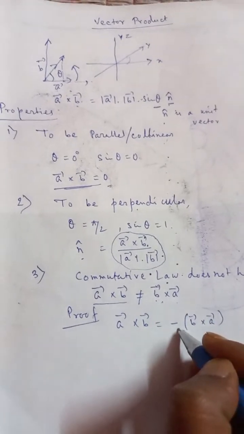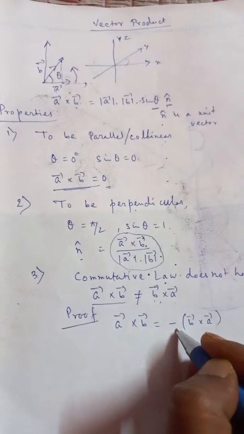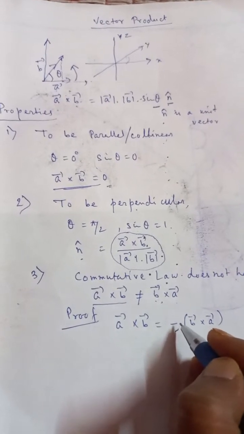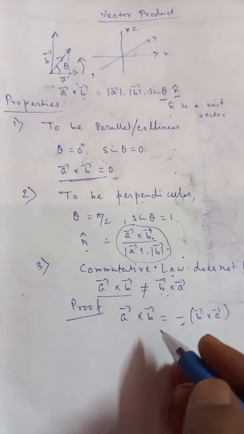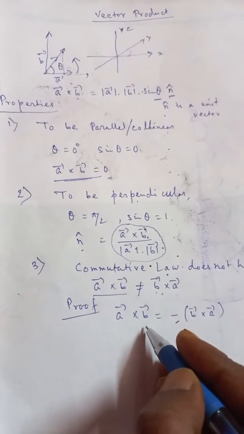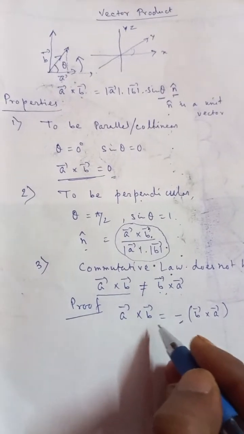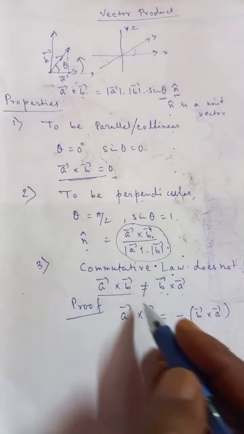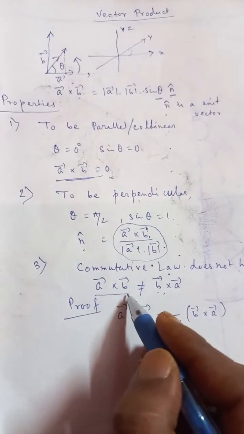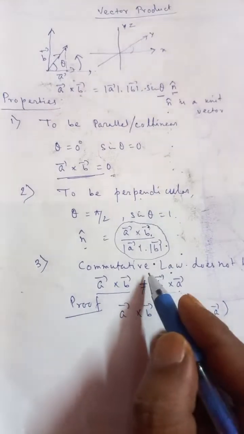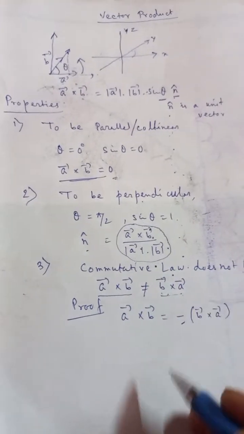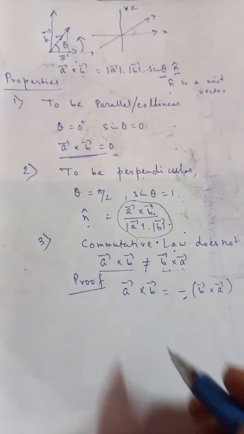This minus sign just changes the direction of the unit vector for A cross B vector. So commutative law does not hold. We can take an example of this.